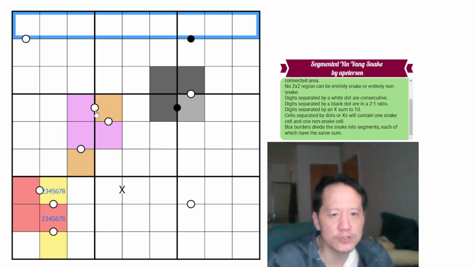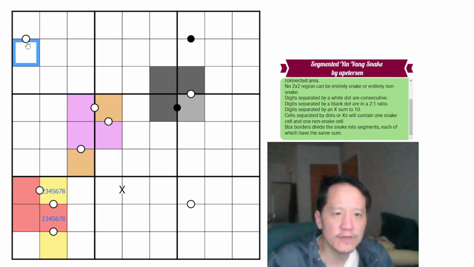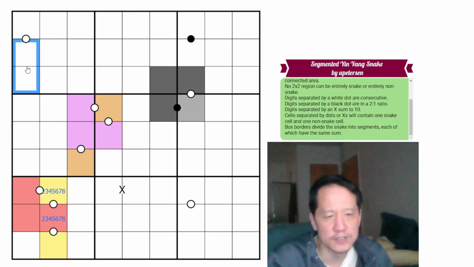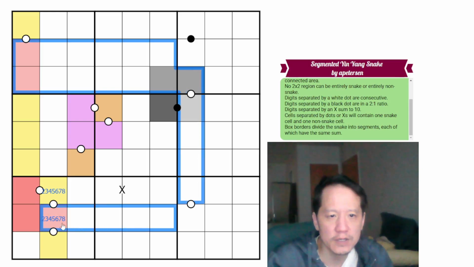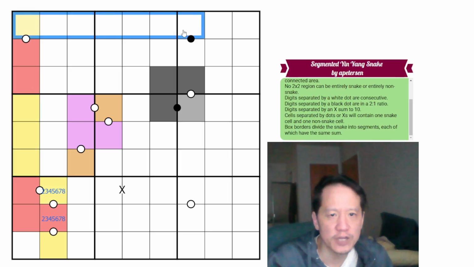Because it's similar to this area, right? If we were to say that this obviously changes here, so say this is yellow and this is red. Well, this can never be yellow because if this is yellow, how does this connect to the other red without cutting the yellow into 2 segments?